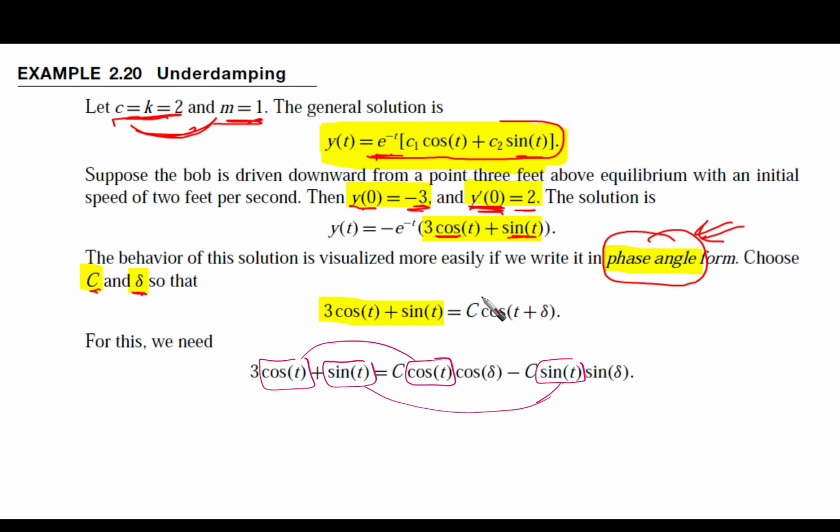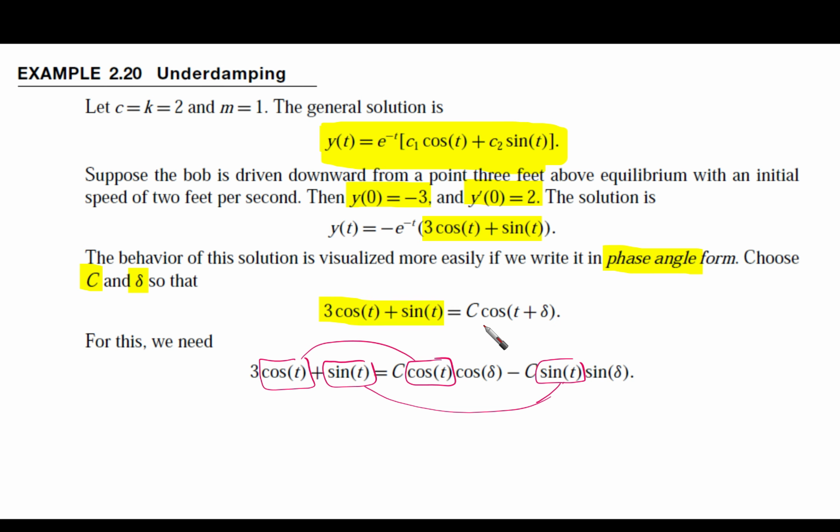The phase form is a constant multiplied by a sinusoidal function, and inside the sinusoidal function we have this delta, which we call the phase angle. This is a very famous and easy to interpret equation because c gives us the amplitude, and this angle gives us the phase angle. Okay, so this is a very nice form for us.